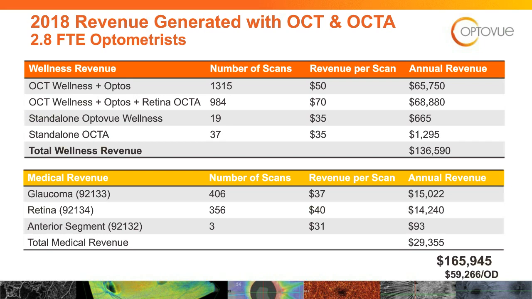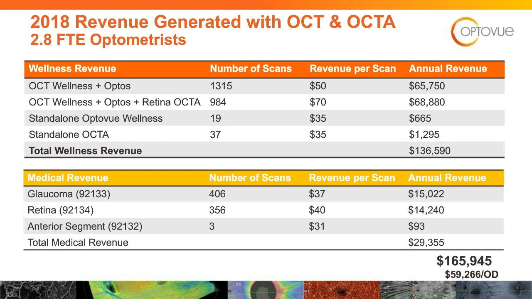So we don't have a full year in, but you can see that we had 1,315 people do the Optos, and from September 25th to the end of the year, 984 were doing the Retina, OCTA, Optos, and the OCT Wellness.